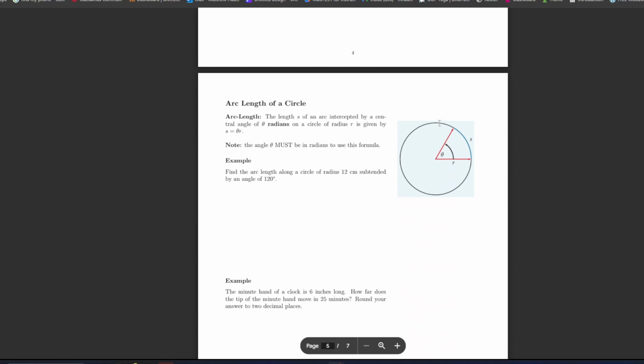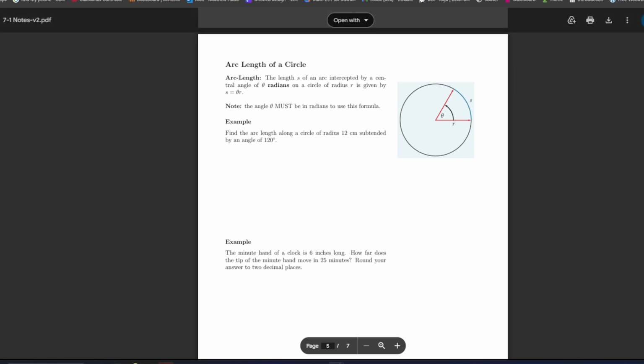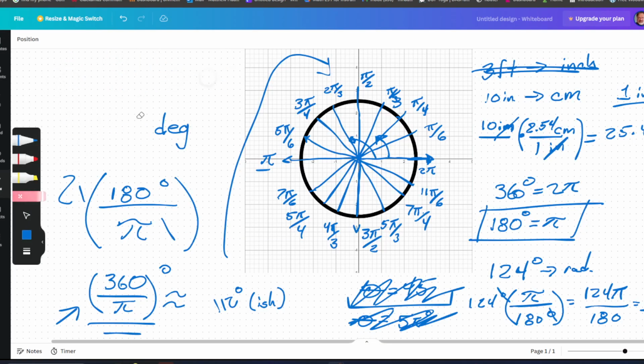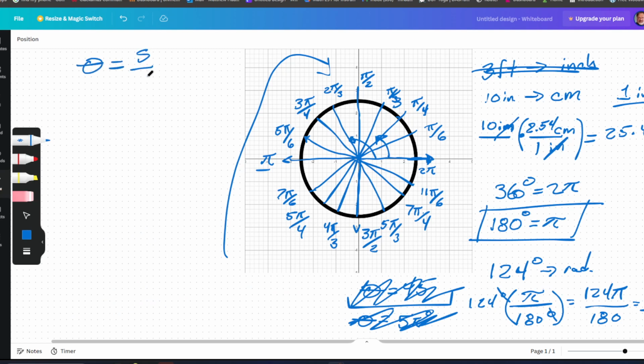Arc length of a circle. We talked about that arc length of a circle. That's our s equals 2 pi. Remember, we made a mess since then, didn't we? I'm not sure I like this whiteboard tool. I might find a different one for us. Because our radian measure was defined as the ratio between the arc length and the radius, then our arc length is r times that theta.